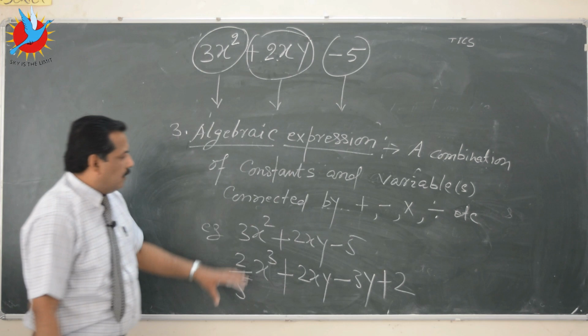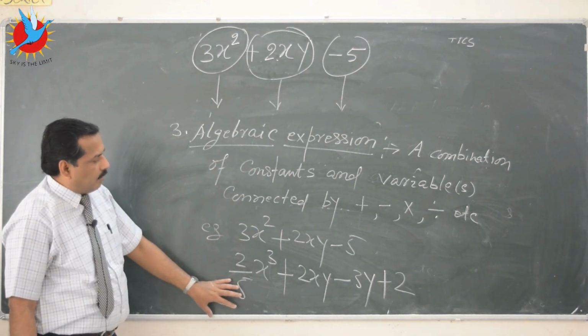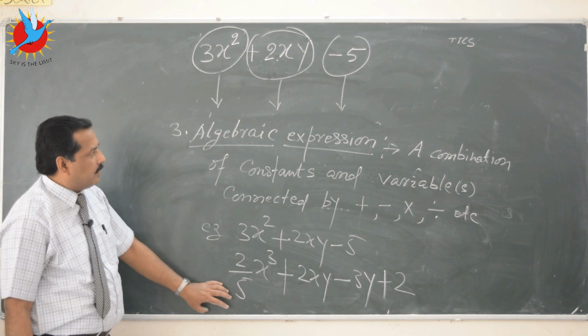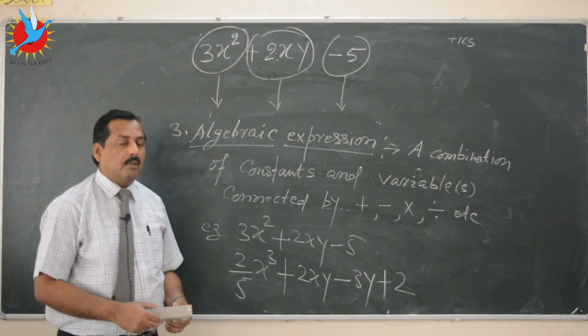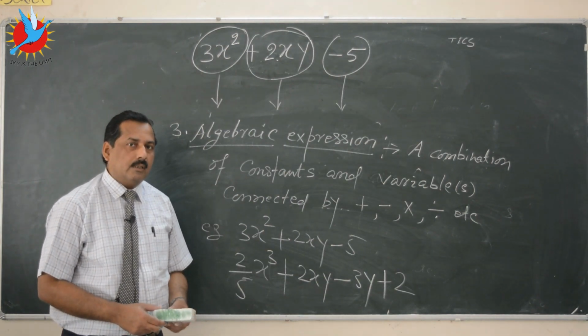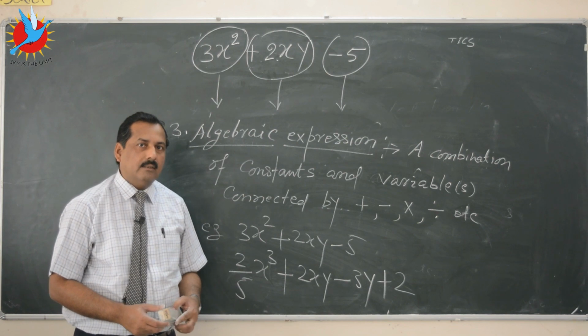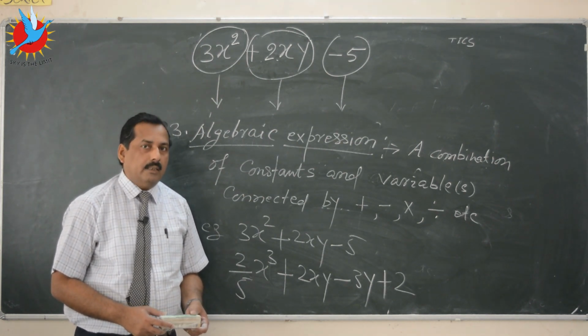So this is an algebraic expression. This is also an algebraic expression. So at this moment you are familiar with some terms of algebra, and we shall further continue to discuss different aspects of algebra, and then we shall start important operations of algebra. Thank you.